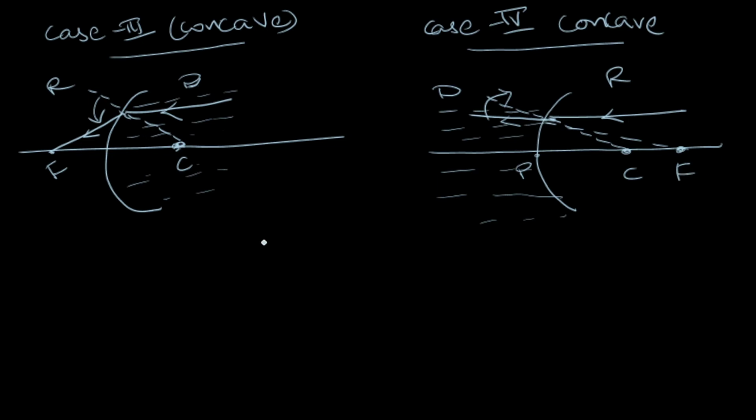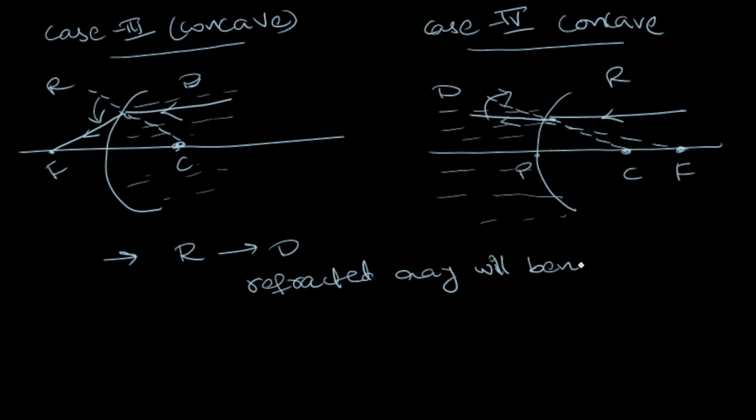You have to remember one thing: whenever a light ray travels from the rarer medium to the denser medium, what happens to the refracted ray? The refracted ray will bend towards the normal, whether it is a convex surface, concave surface, or a plane surface.